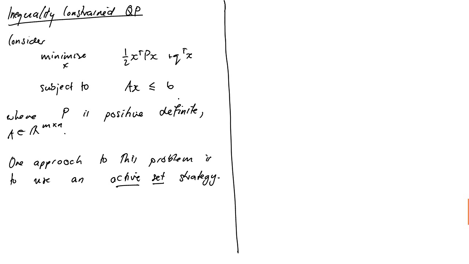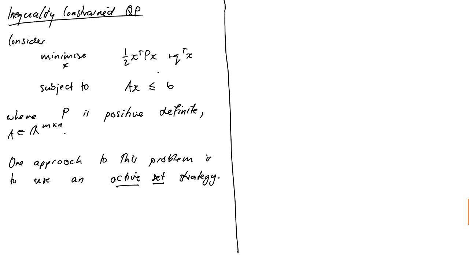So if we're minimizing something and we find that the minimum occurs on the boundary of our feasible region, then some number of constraints are going to be active, and we need to minimize subject only to the ones that are active. Okay, so if we've got one of those boundary cases where our minimum occurs on one or more of these constraint boundaries, then what we need to solve is really an equality-constrained QP with only the active constraints.